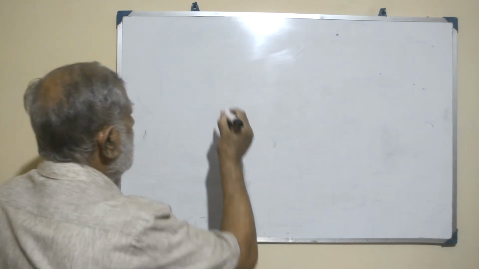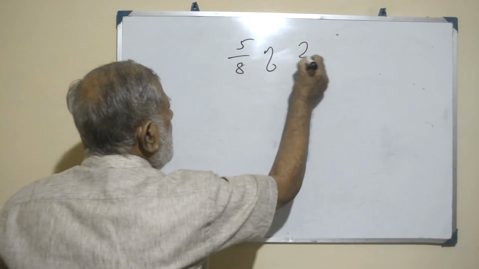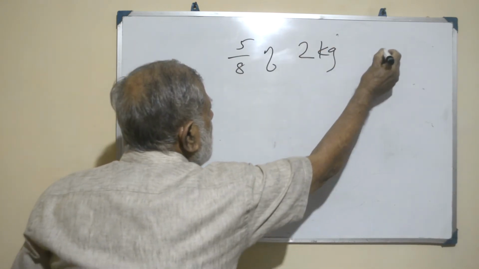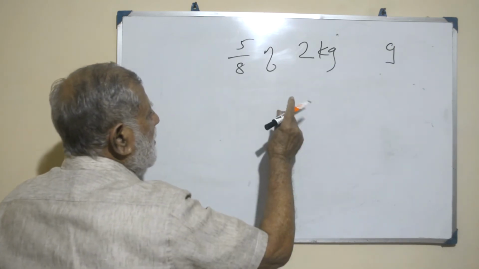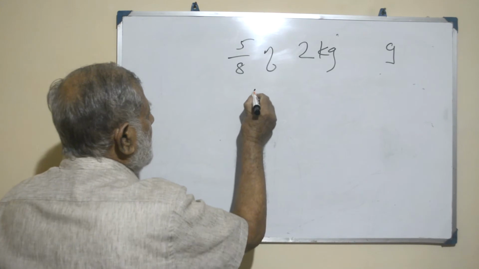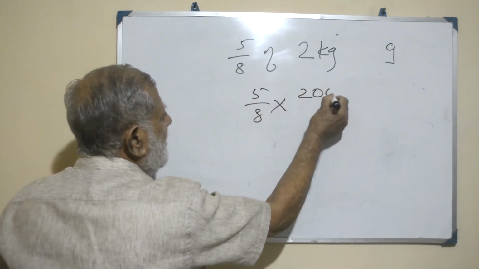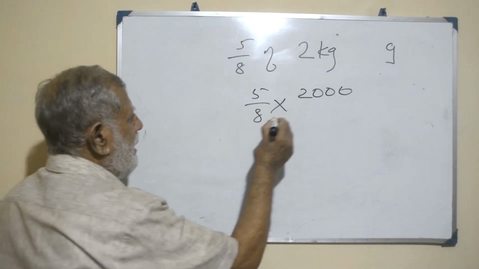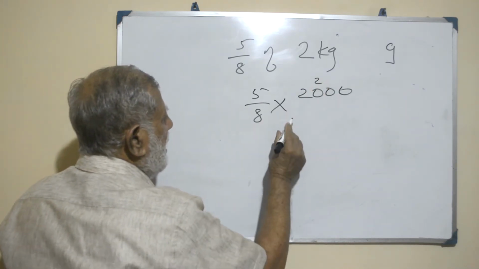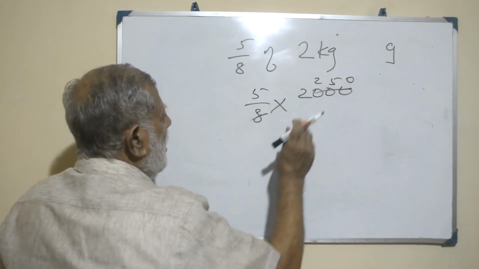Suppose it is 5/8 of 2 kilograms in grams. So 2 kilograms you have to bring to grams, so 1000 grams in a kilogram. So 5 upon 8 into 2000. You can cancel 8 times 2 is 16, so 250.